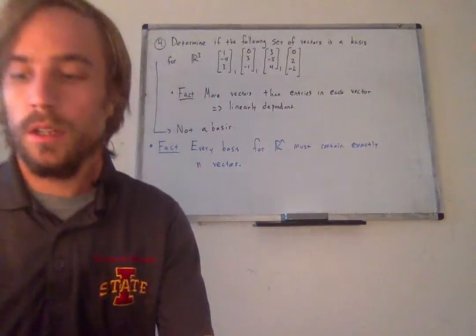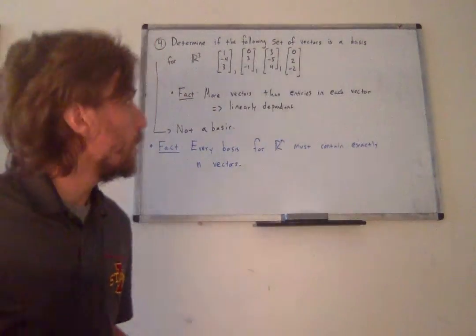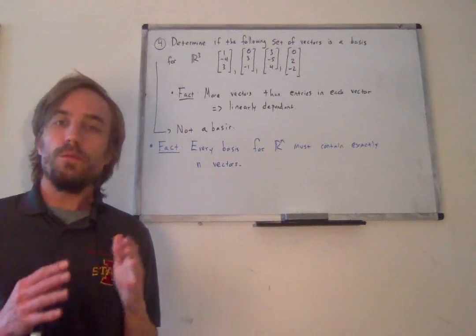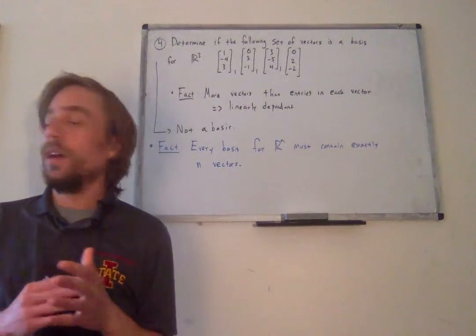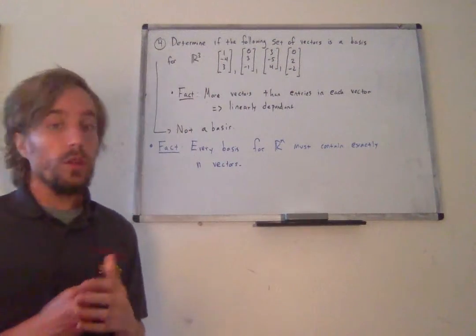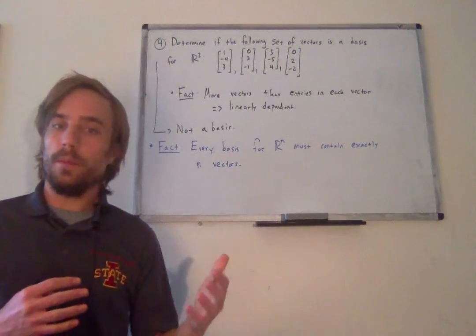All right, so what do we do with something like 4, though? If we have too many vectors, for all we know, the span of 4 could still be Rn, it just might not be a basis.